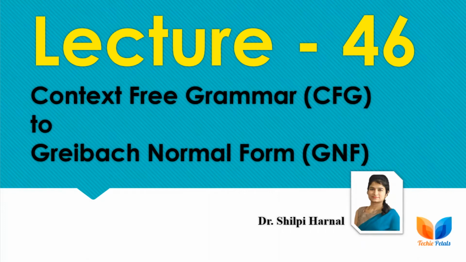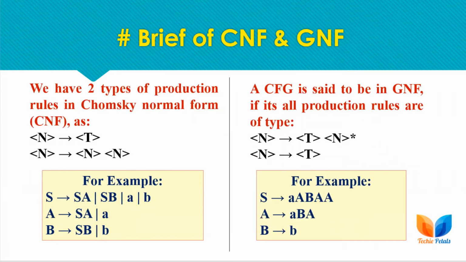So let's start with the discussion, and also you must know about the left recursion removal before starting the conversion of CFG to GNF, because we are going to use that rule in the conversion process. So let's start. A brief of CNF and GNF: we have two types of production rules in CNF form, Chomsky normal form, where either a non-terminal can derive a terminal or a non-terminal can derive a string of two non-terminals.